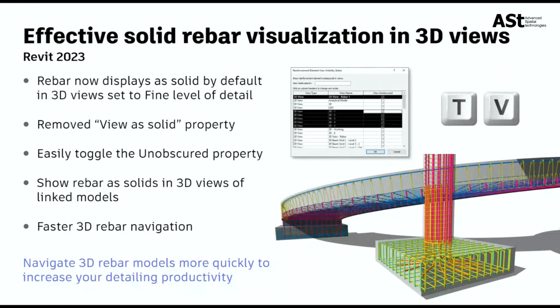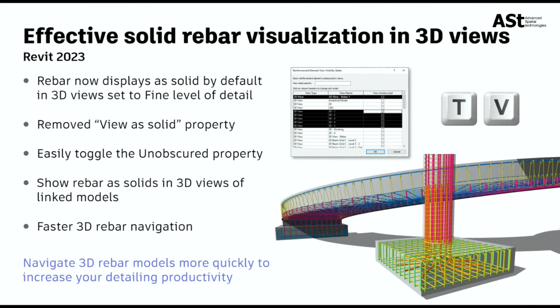2023 makes it easier for you to view reinforcement in 3D views as solids. Simply set the 3D view's detail level to fine, and the rebars will be displayed with a solid representation. The View as Solid property in the view visibility states has been removed.